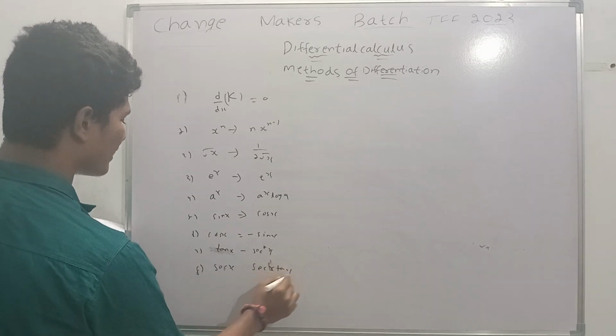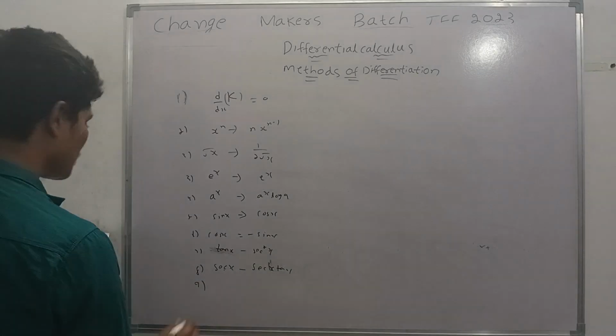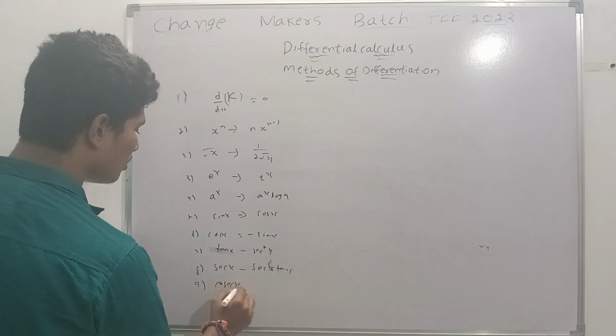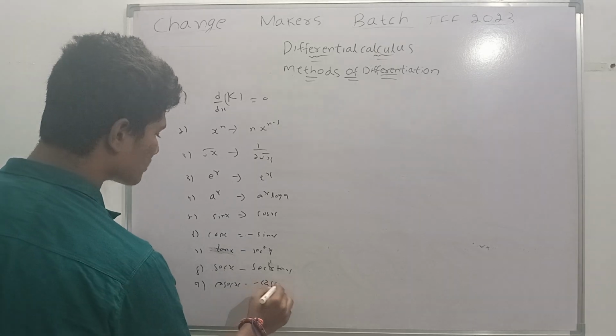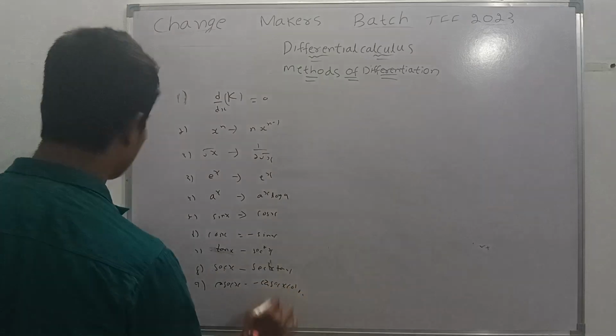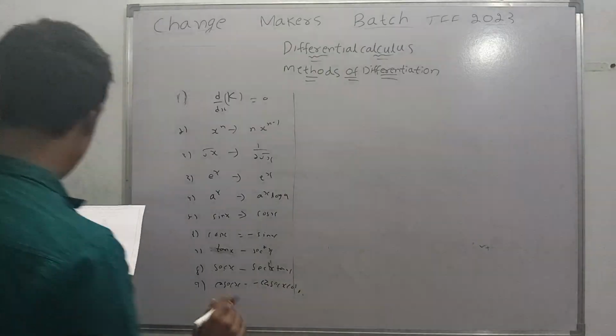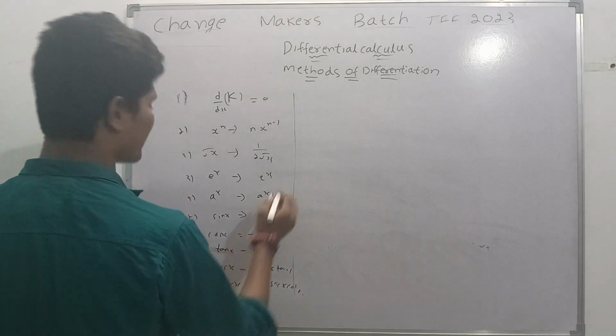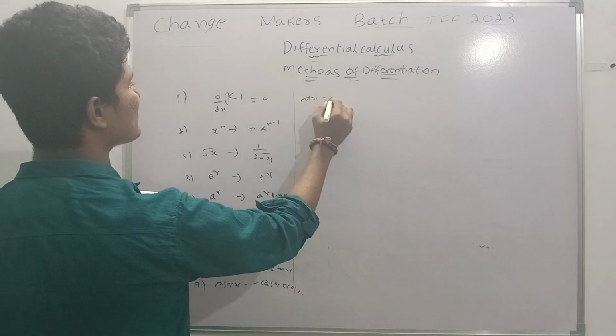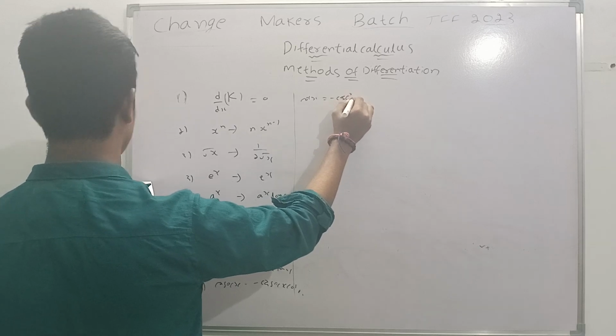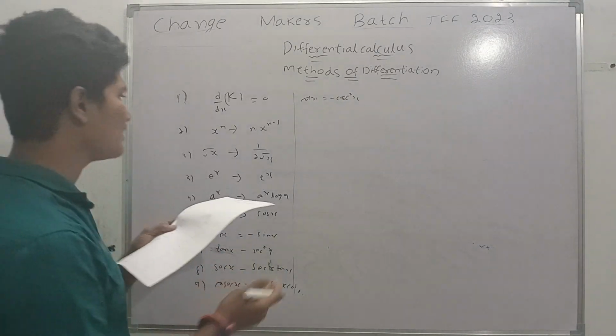It is important. And next, the differentiation for cosecant x is minus cosecant x cot x. And next, cot x. The differentiation of cot x is minus cosecant square x. So like this, these are all the formulas.